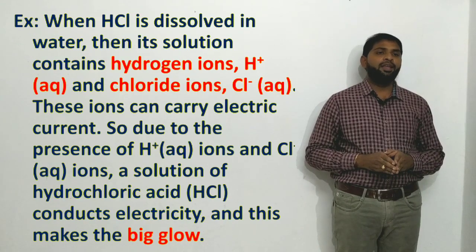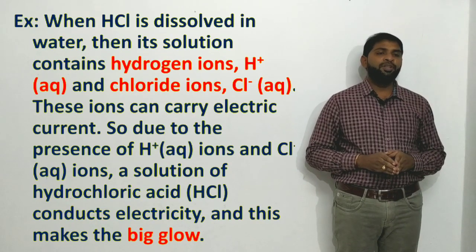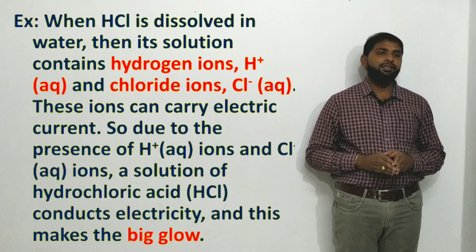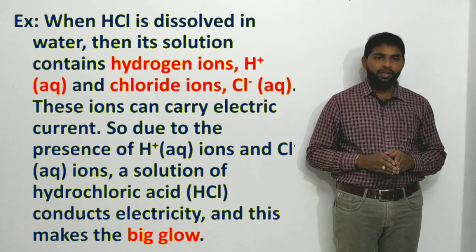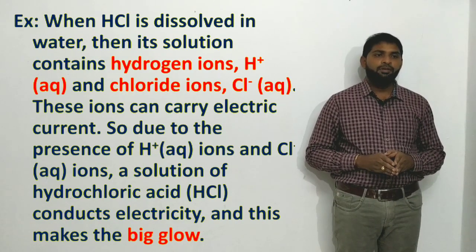These ions carry electric current. So, due to the presence of H+ ions and Cl- ions, a solution of hydrochloric acid conducts electricity, and this makes the bulb glow.